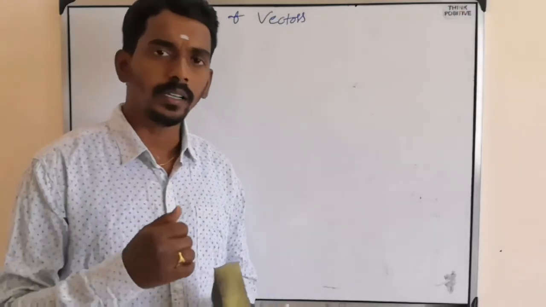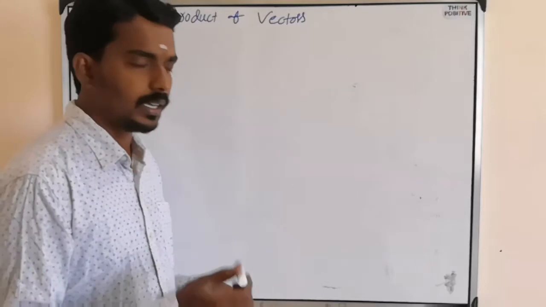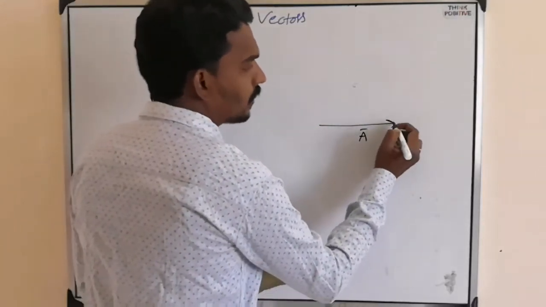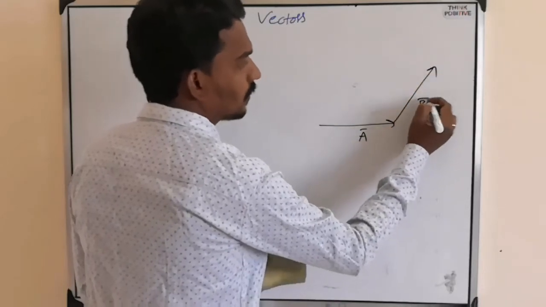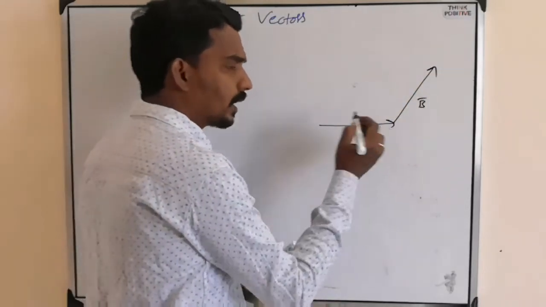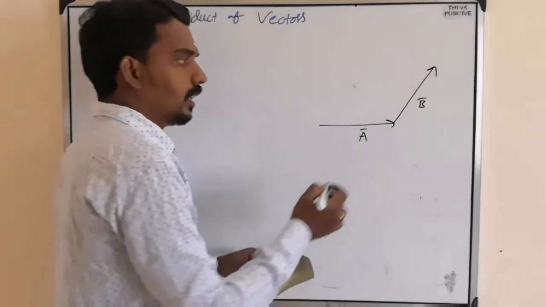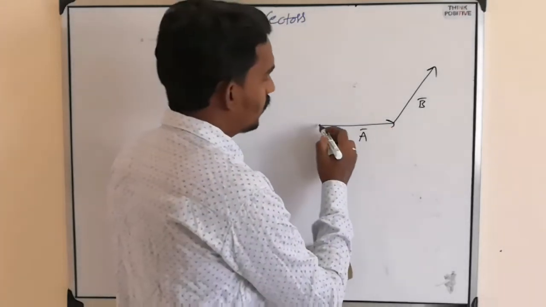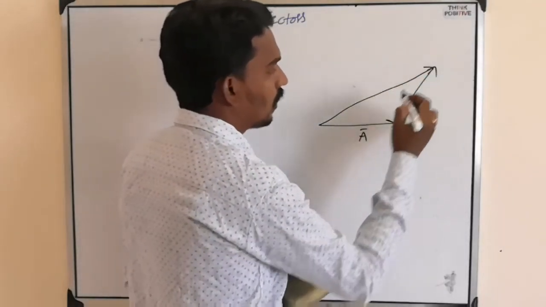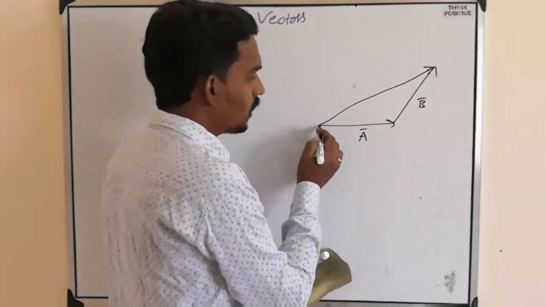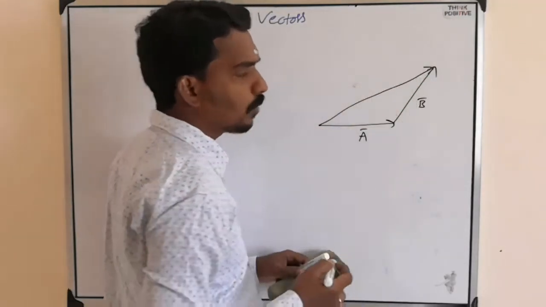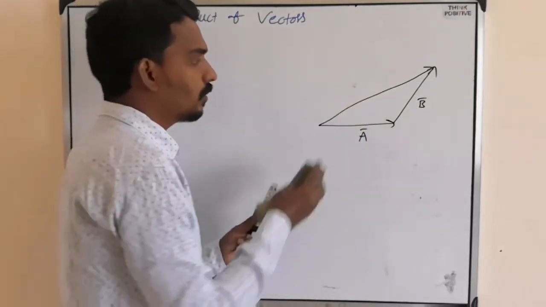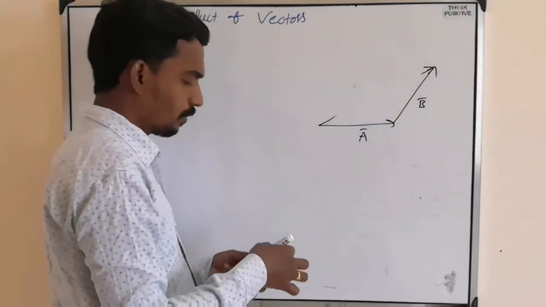One is the triangular law of vector addition, where we draw one vector first, A bar, then we draw B bar such that the final point of A bar and the initial point of B bar coincide. Then when we connect the initial point of A bar and the final point of B bar, we get the resultant, and we call it A bar plus B bar.